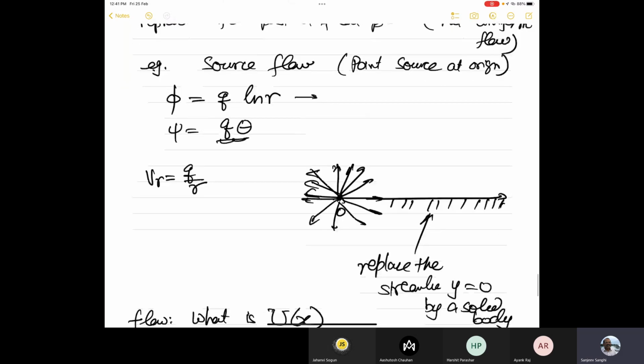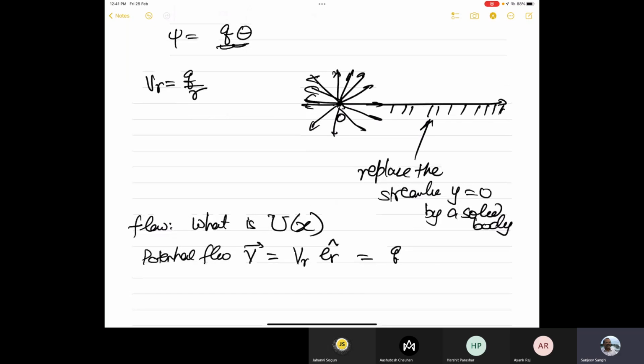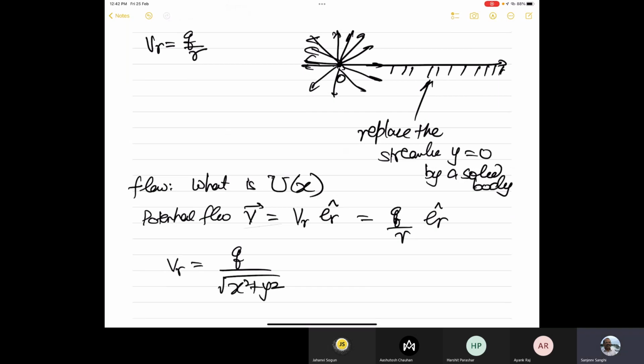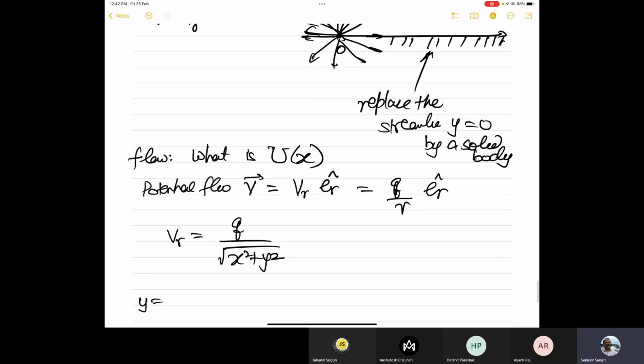So this becomes Q divided by r e_r. So v_r is equal to Q divided by r, and if I put, instead of r, the square root of x square plus y square, then what happens at y equal to 0? v_r is equal to v of x, and this is equal to Q upon x.